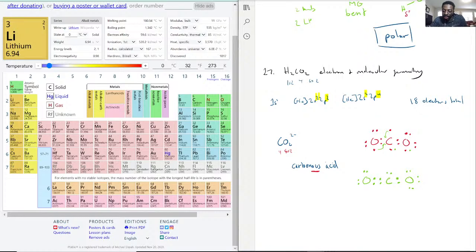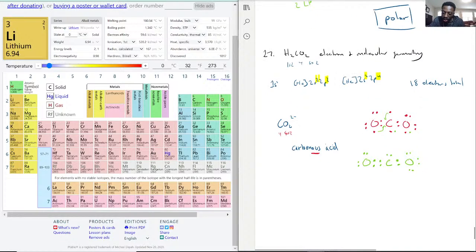So now when we count 2, 4, 6, 8, 10, 12, 14, 16, 18, right? If we did the whole math, just the electron number, carbon would be 4 minus, it has 1 lone pair, so 2, but it's sharing 6 over 2.